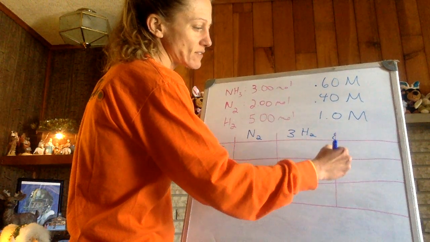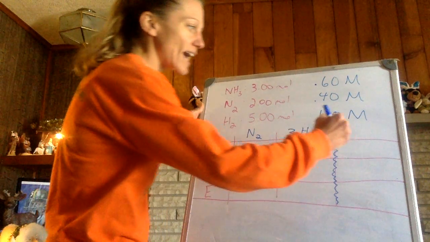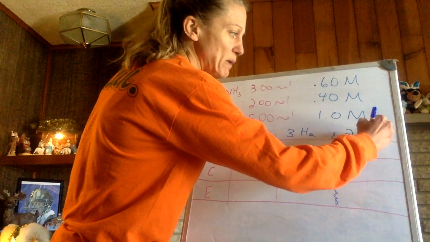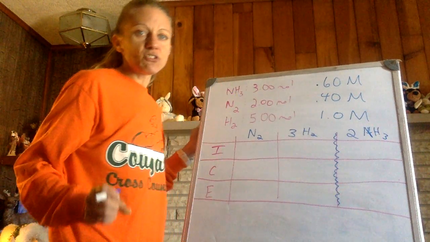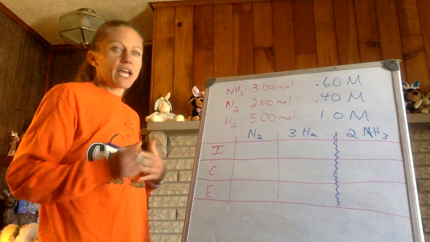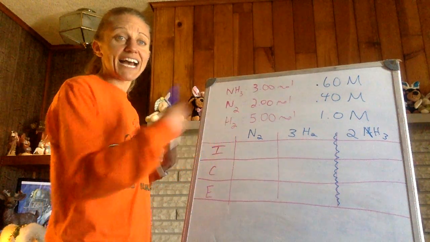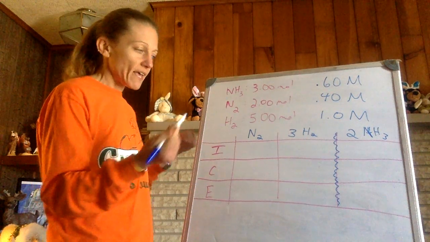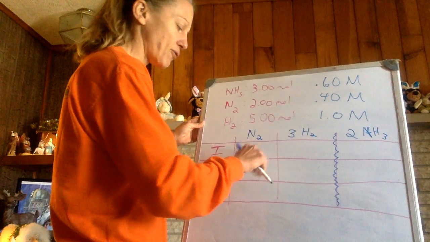And I like to put a mark on my chart that divides reactants from products. A lot of people don't do that. I do, and it's just me. It's just the way I like to see it, because then I know I'm subtracting on one side and adding on the other of that break line. And I fill in my info from above.